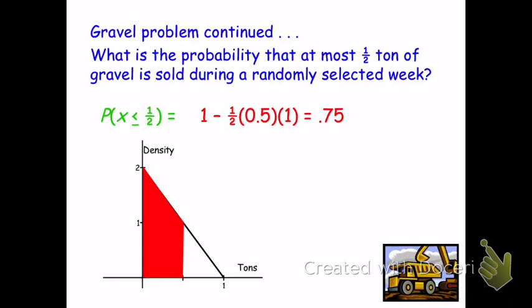One thing you could do, and that's what the PowerPoint slide did, is 1 minus this rectangle or this triangle right here, because we know that the whole triangle equals 1, so you could do 1 minus and then find whatever is left over. Another thing I could do is the trapezoid formula, where I have base 1 and base 2, and then height of 0.5.